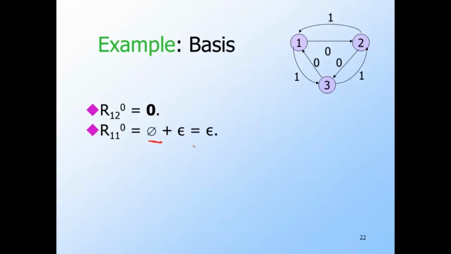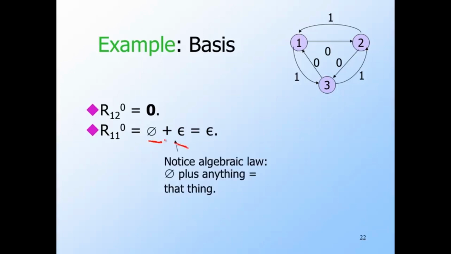However, since the beginning and end states are the same, we add epsilon. Incidentally, notice that there's an algebraic law: the empty set union anything is that other thing. So whenever you see an empty set symbol plus something else, you can just get rid of the empty set and the plus and just take what's left.